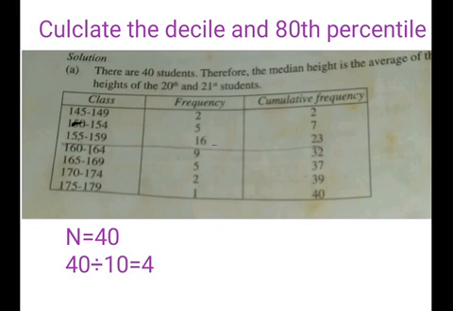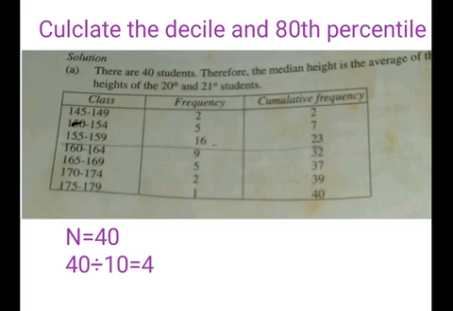This is our data. The 32nd student belongs in the fourth class. Look at the fourth class, 160 to 164. It has a cumulative frequency of 32. So that class has students from the 23rd student to the 32nd student.